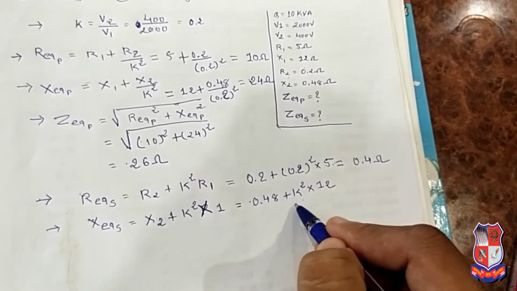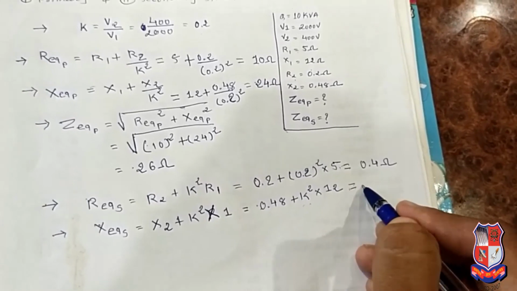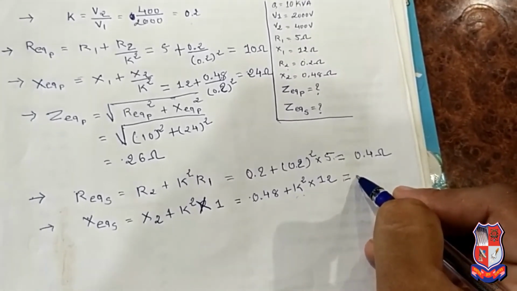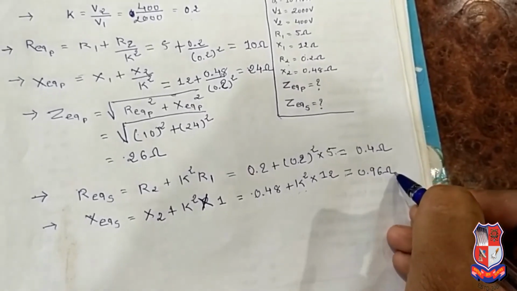The value of K is again 0.2. Answer is 0.96 ohm.